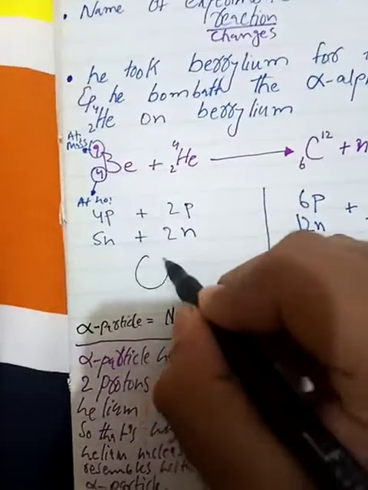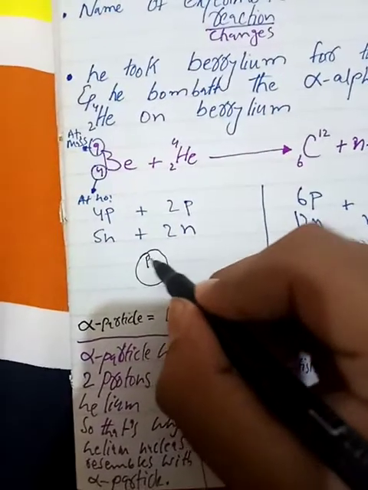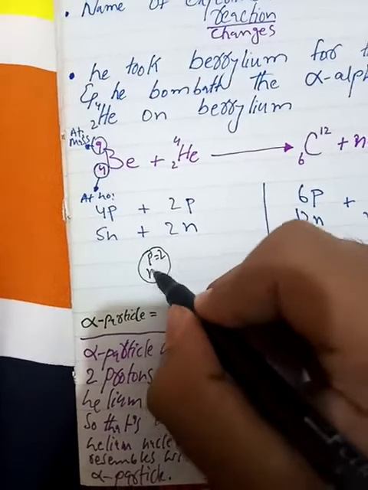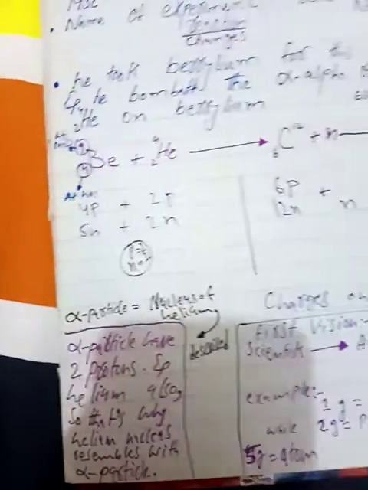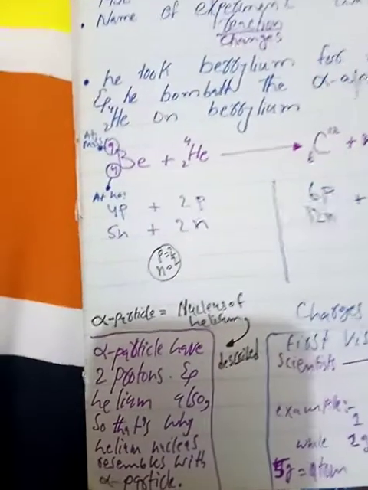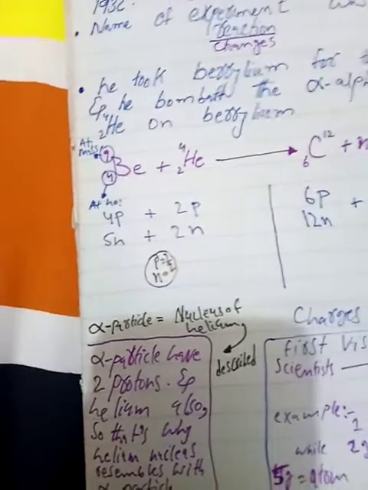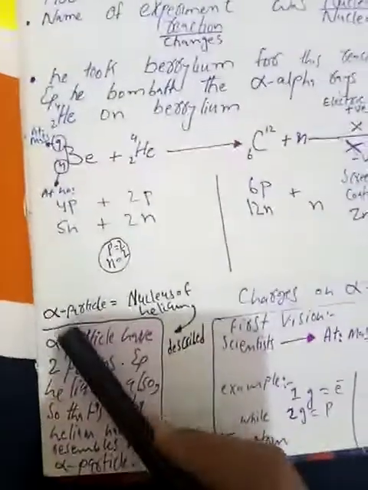Here I'm drawing the nucleus of helium. It possesses two protons and two neutrons, and two protons means it possesses two positive charges, like the alpha particle.